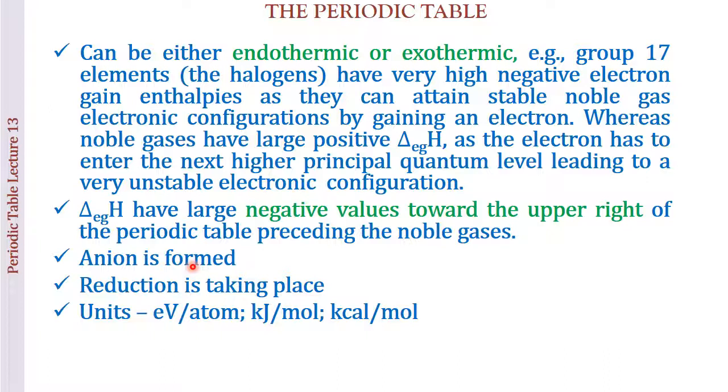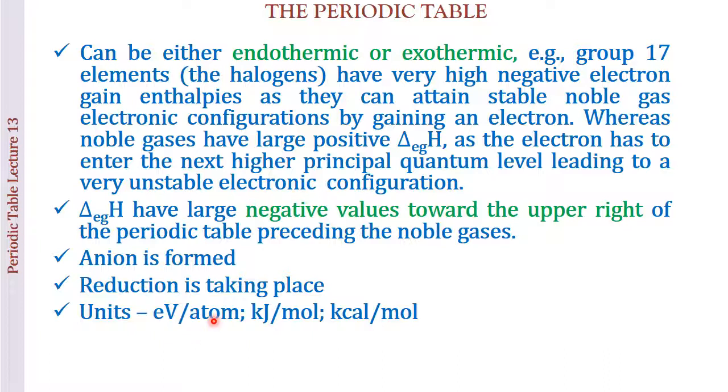In the ionization enthalpy, where there was loss of an electron, a cation was formed, and in the process of gain of electron, an anion is formed. And here reduction is taking place because reduction is nothing but gain of electrons. In the ionization enthalpy, if you remember, oxidation was taking place because that was loss of electrons.